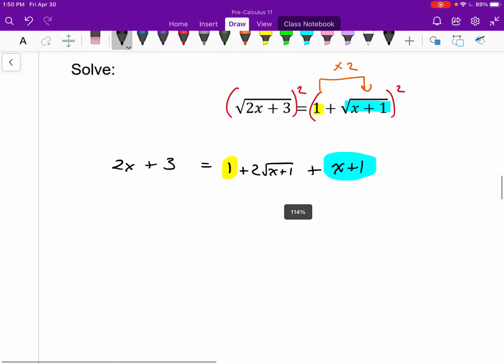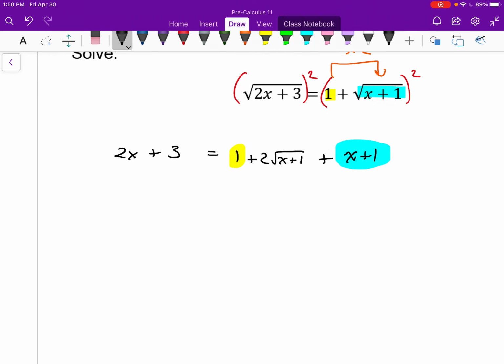All right, so let's clean some things up. Do this in a few steps. 2x plus 3 over here. On the right-hand side, I have 2 root x plus 1 plus x plus 2. So I got x's on both sides. I have a constant on both sides. Let's subtract an x from both sides.